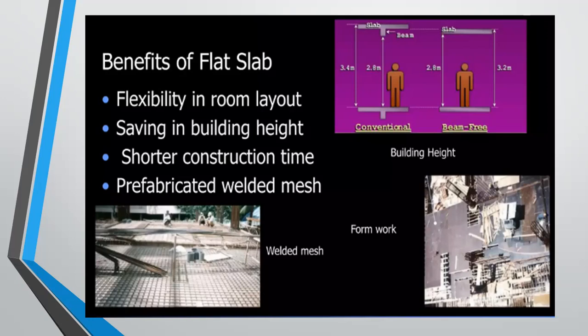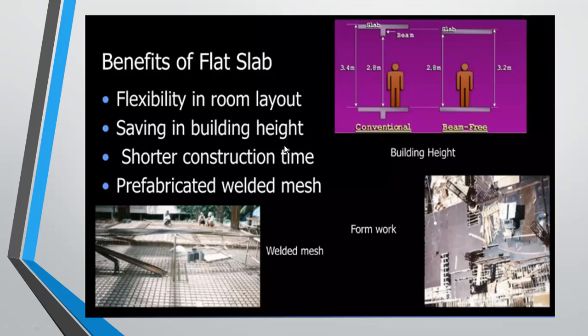If the client changes the interior plan and wants the shape to be circular or octagonal, it creates difficulty in the construction of beams. In that kind of situation, a perfect choice would be a flat slab, since it is constructed in the absence of beams. So a flat slab is provided when there is a complication in the flexibility of the building.